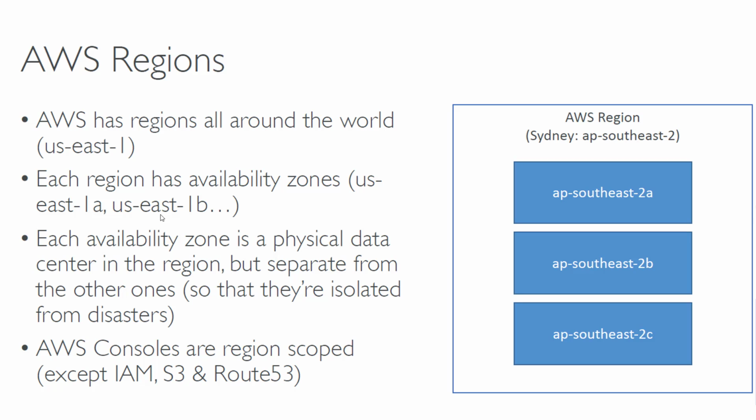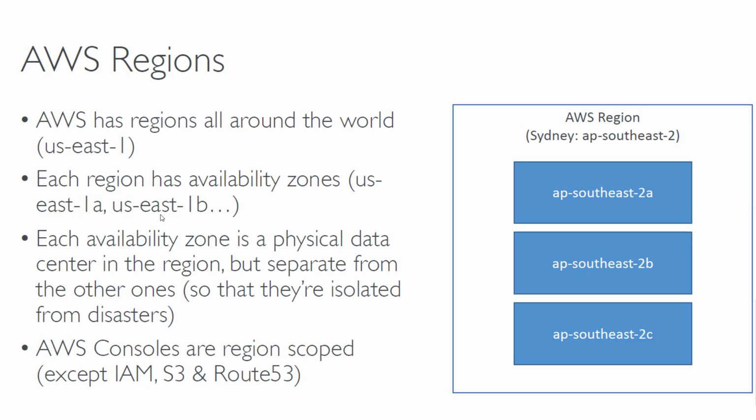Basically, when you go in the AWS user interface, you are scoped to a particular region. That means when you perform some changes or actions in a particular service, those actions are applied in the specific region which is selected in your console. Now, the availability zones themselves are subnets of the region, but they are not shown in the console.